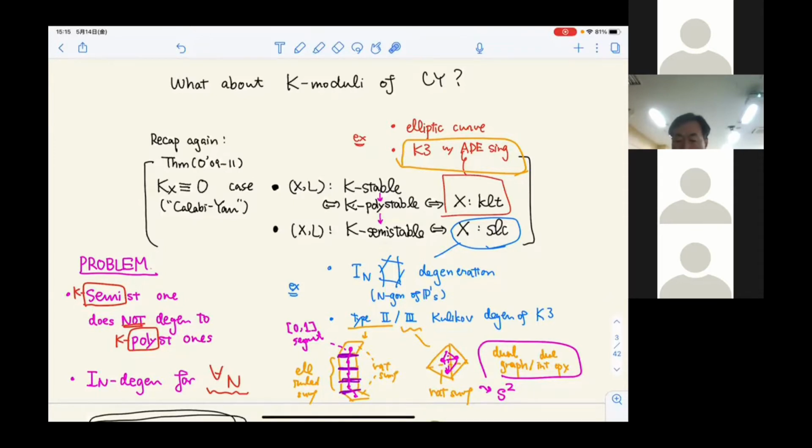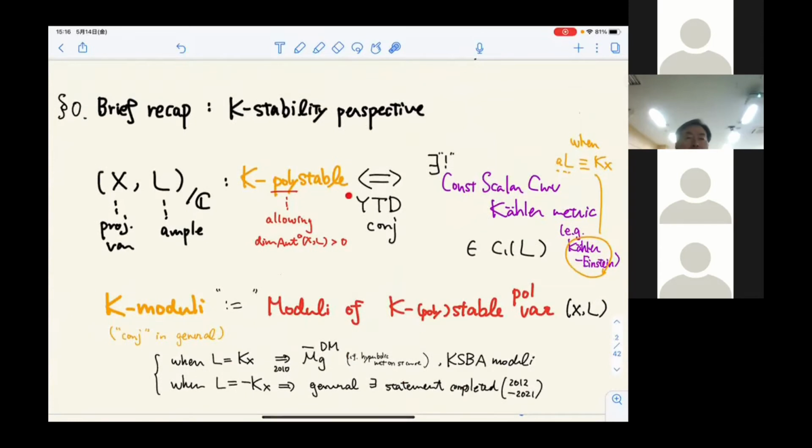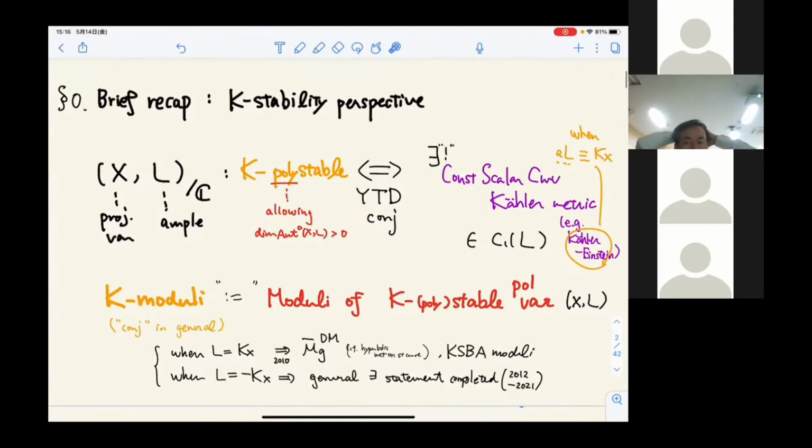And K-polystability of a Fano variety is equivalent to the existence of a K-Einstein metric. So this K-polystability is an important notion from the differential geometric perspective. It was the same for the vector bundle version.